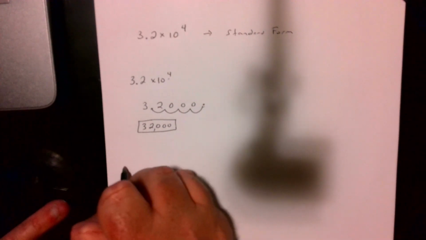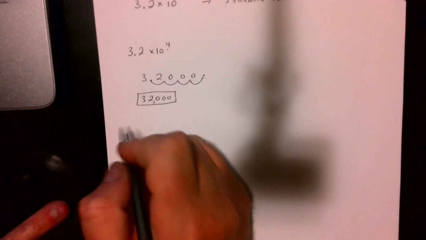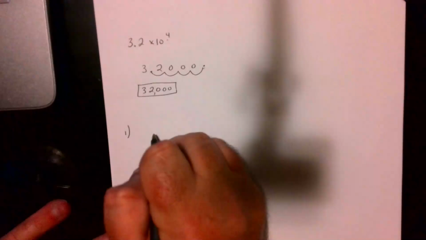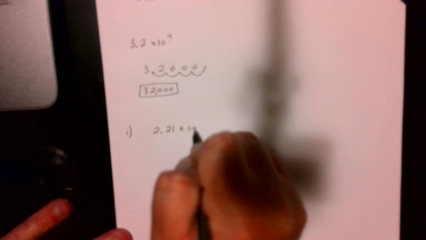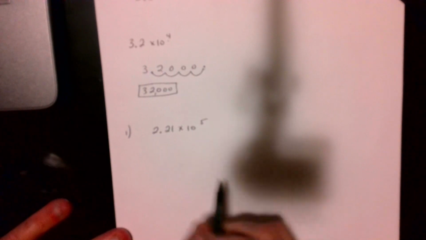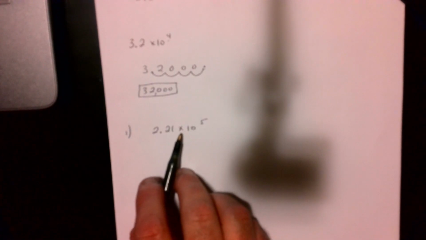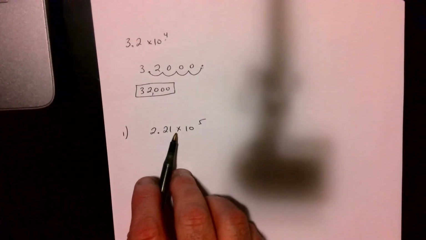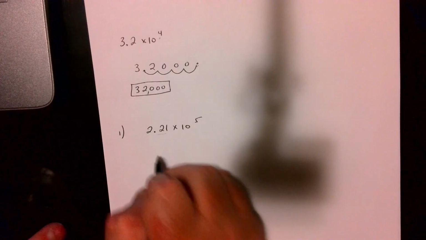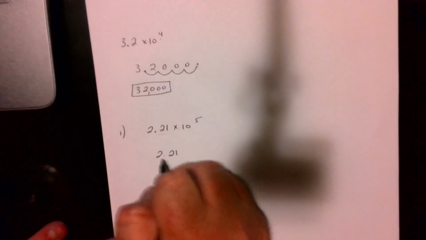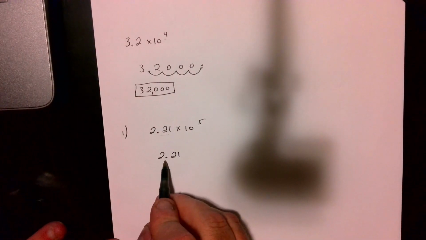Okay, so going the other direction. If I gave you this for an example down here, we have 2.21 times 10 to the fifth power, and we want to rewrite this back to standard form. So start with your number, 2.21. There's your decimal.